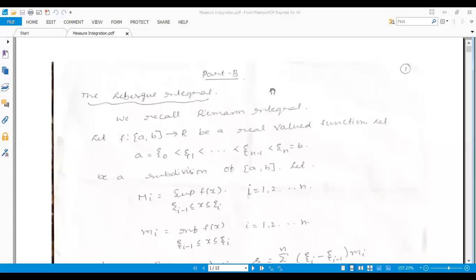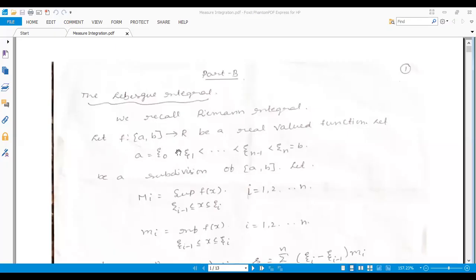For the Lebesgue integral, first we will start with the Riemann integration. We can recall: let f be a mapping from the closed interval [a, b] to R, a real-valued function.